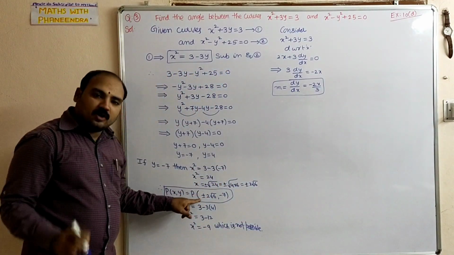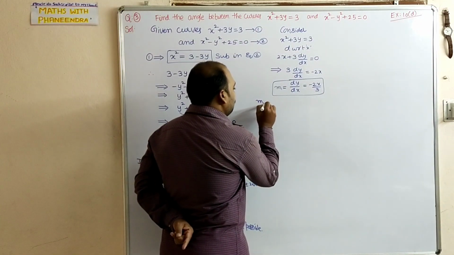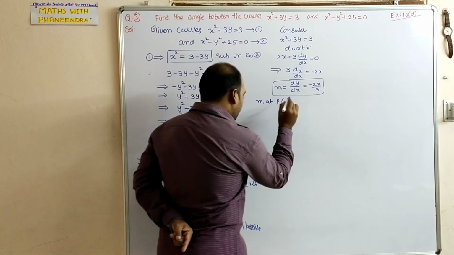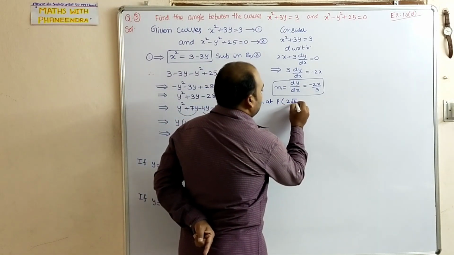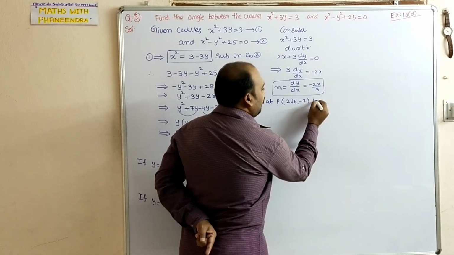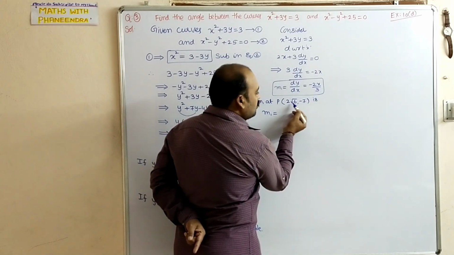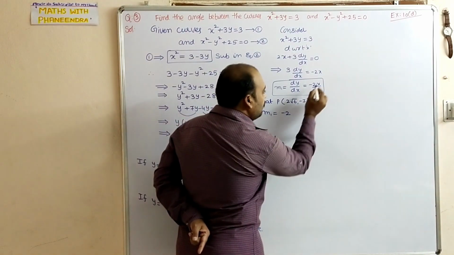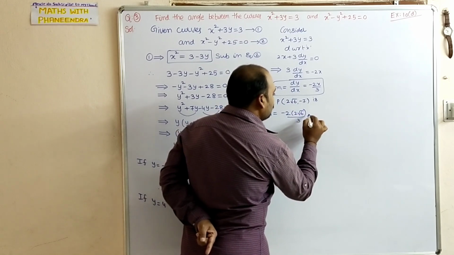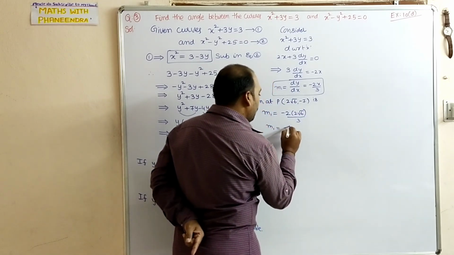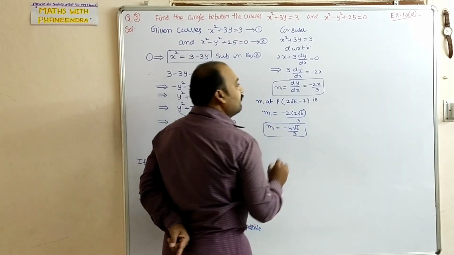Here 2 points are there, only one you can consider, after that remaining. So m1 at P of, I am considering 2 root 6 comma minus 7. In place of x substitute 2 root 6, so m1 is equal to minus 2 into 2 root 6 divided by 3. So m1 equal to minus 4 root 6 divided by 3. This is the value of m1.